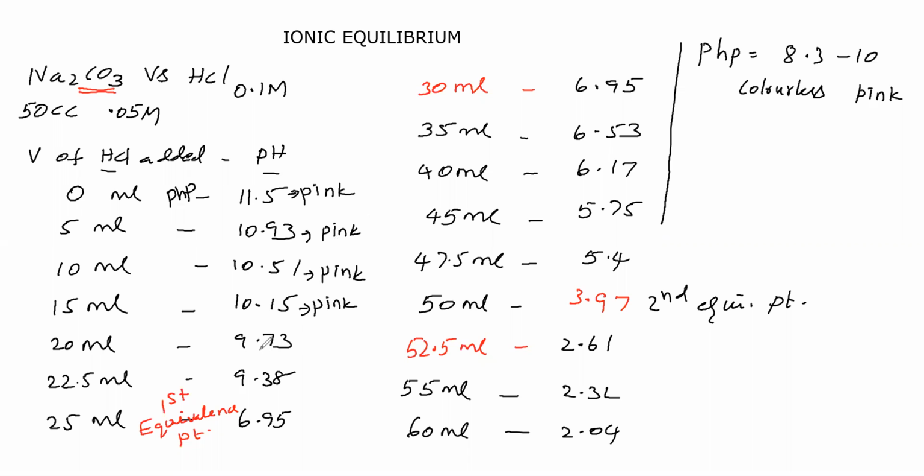Here the intensity of pink color reduces slightly. Here also the intensity of pink color reduces slightly. Here we can say phenolphthalein shows colorless. That means phenolphthalein indicates color change at the first equivalence point.